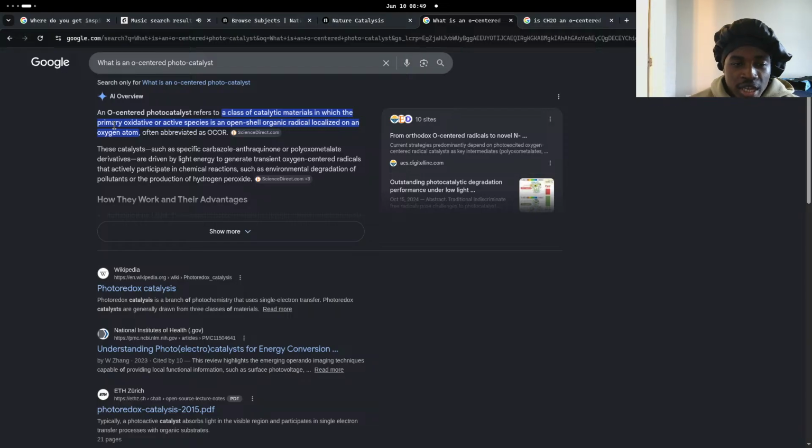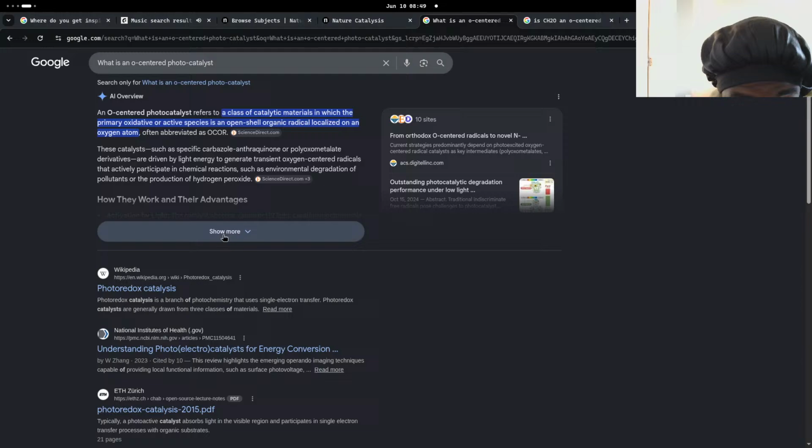Okay, so these catalysts, such as specific carbazole, anthraquinone, or polyoxometallic derivatives, are driven by light energy to generate transient oxygen-centered radicals that actively participate in chemical reactions, such as the degradation of pollutants or the production of hydrogen peroxide. Right.